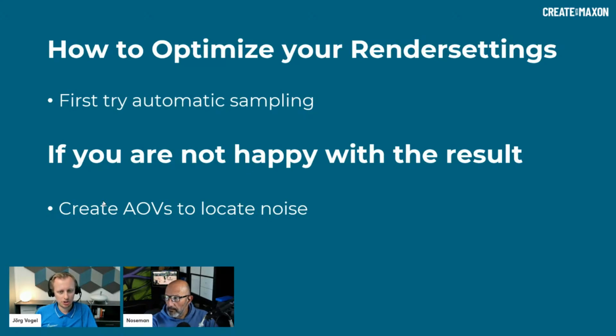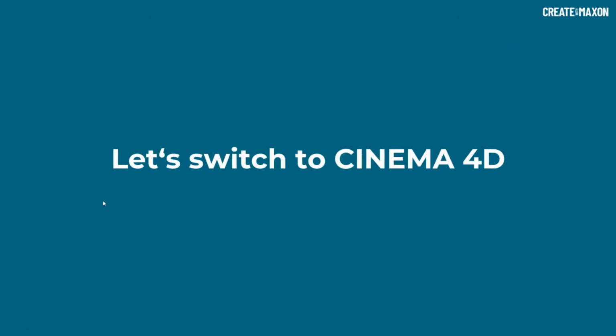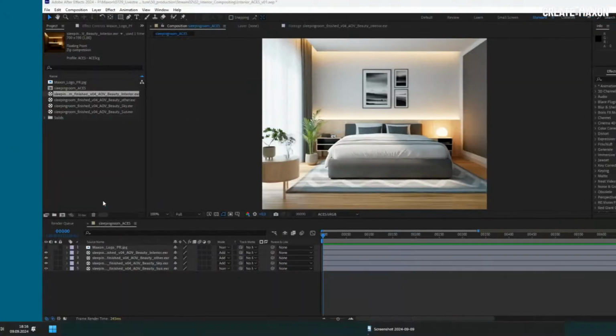But I will just show you how we approach scenes to optimize the settings. First, create some AOVs to locate the noise you get, and then adjust settings for the different passes or the different rays. You have diffuse ray, reflection ray, refraction, GI rays, everything that's added together. So let's just switch over to Cinema 4D.